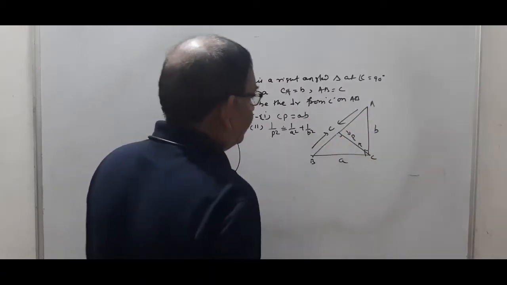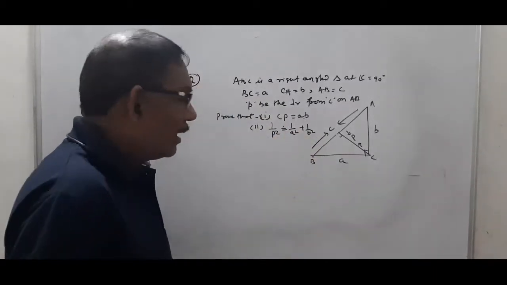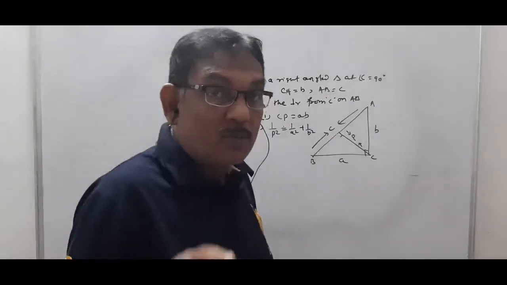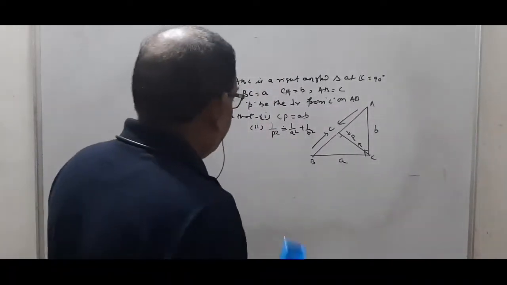Okay. Prove that CP equals AB, and 1 by P square equals 1 by A square plus 1 by B square.